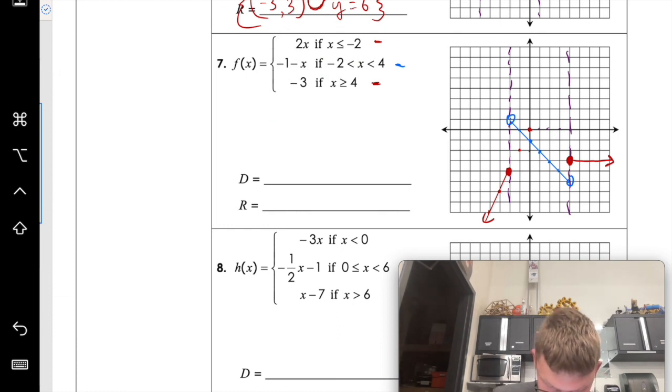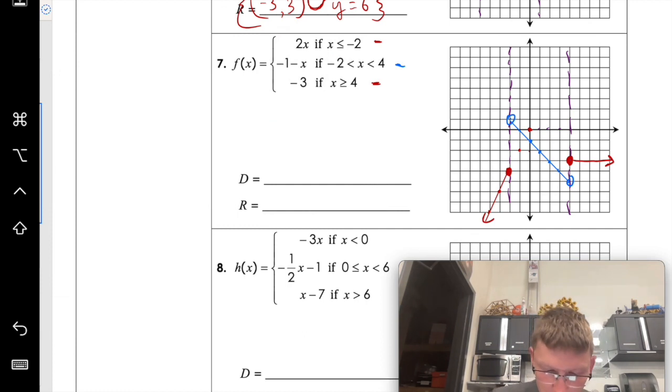So 2x, that would be like y equals 2x. I started my y-intercept at 0, and then I used my slope to figure that out. But notice that I didn't start really drawing until I got to my boundary. This is less than or equal to, so this is going to be an open circle. I'm sorry, a closed circle. That's what I meant to say.